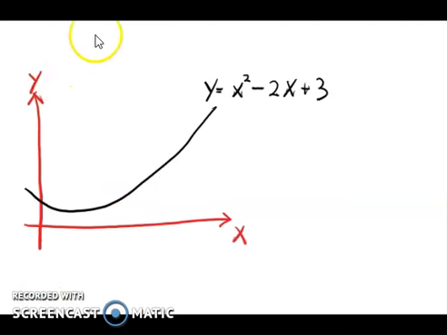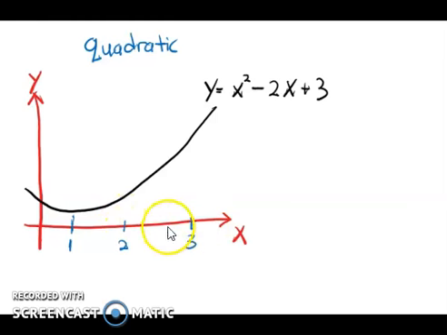Okay, how if I give you a curved line? Now we have a quadratic graph. And how do we find the gradient of this line? So this gradient is not constant. Let's say we put here x is 1, at this point, and this is x is 2, and here x is 3.